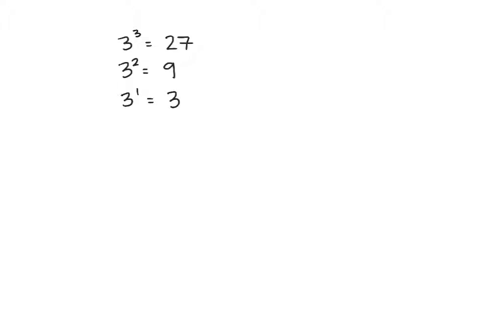And the pattern that we see here is that each time we are now dividing by 3, because my base is 3. So if this pattern continues, 3 to the 0 power, we would do 3 divided by 3, and that comes out to be 1, which is what we saw in the last pattern, that anything to the 0 power is always going to be 1.